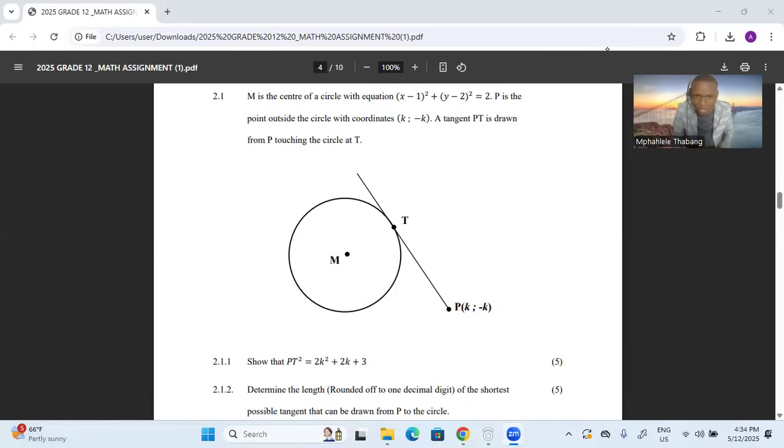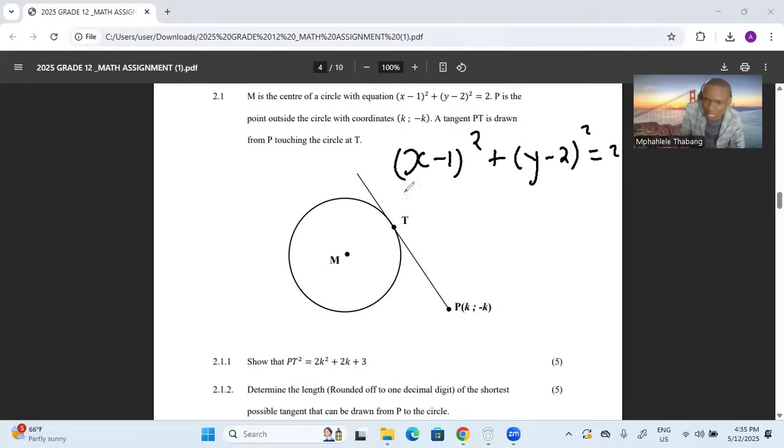So let me talk about the equation of this circle, which is (x minus 1) squared plus (y minus 2) squared equals 2. This is the equation of this circle that you see here on the diagram. If you look at the equation carefully, it can be easily identified the point of the center of a circle.